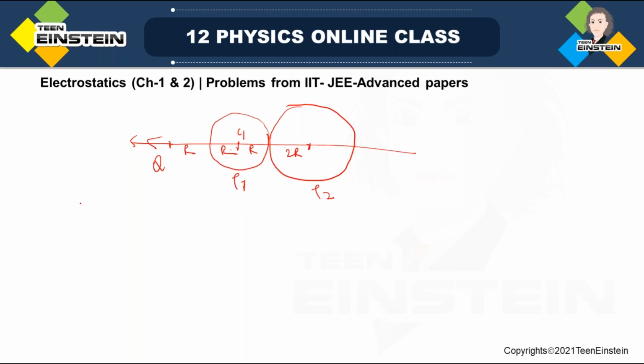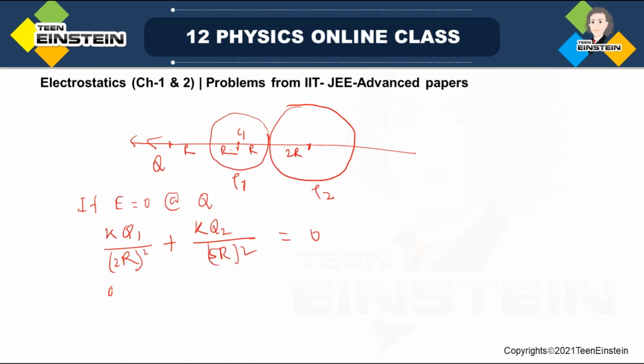So if E is 0 at Q, then we can write K Q1 by, this is r and r, so 2r whole square, plus K Q2 by, this is 2r, this is 2r, 4r, this is 1r, so 5r whole square.